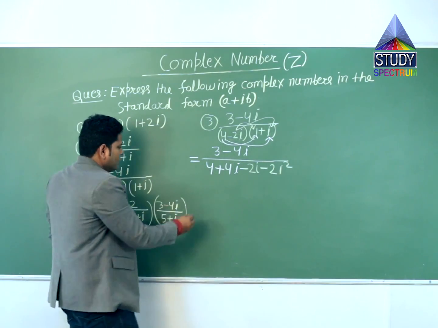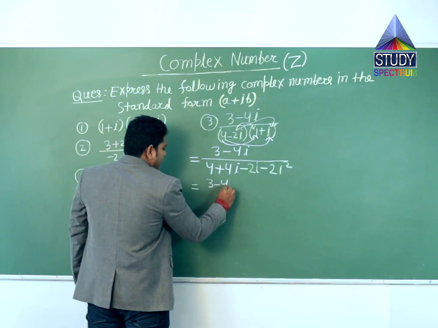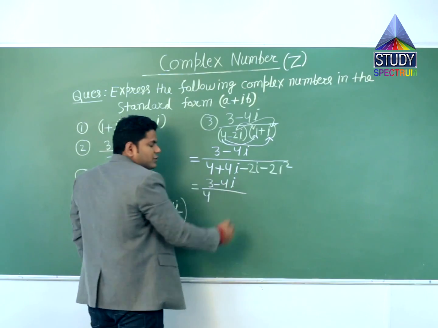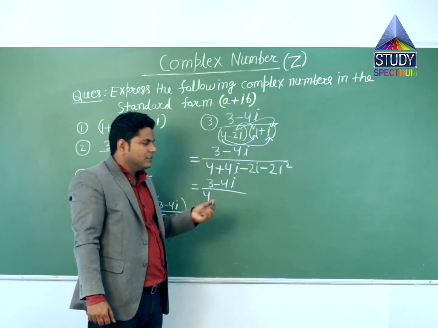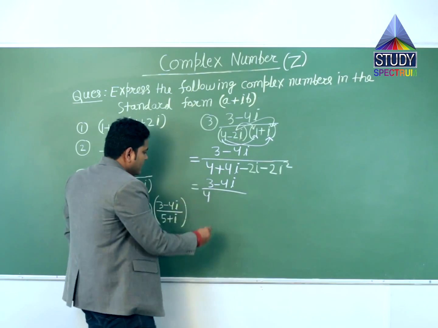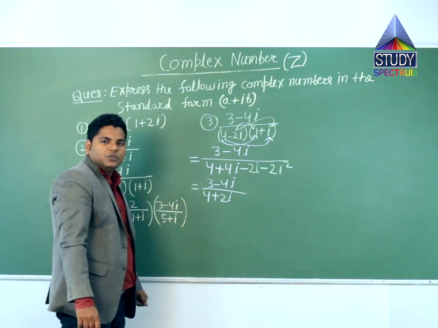Okay. So we can write here 3 minus 4i upon 4 plus 4i minus 2i. So both have different signs, so we'll subtract. So 4 minus 2 is 2, and the larger number has plus sign, so it will be plus 2, and i is there, so it will be plus 2i.